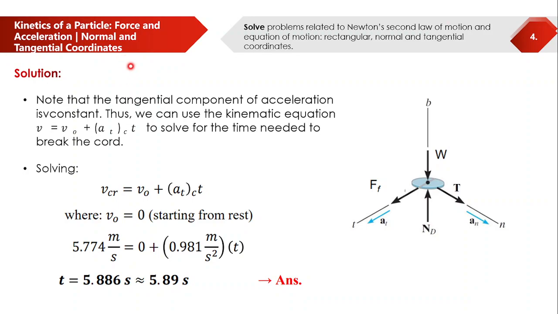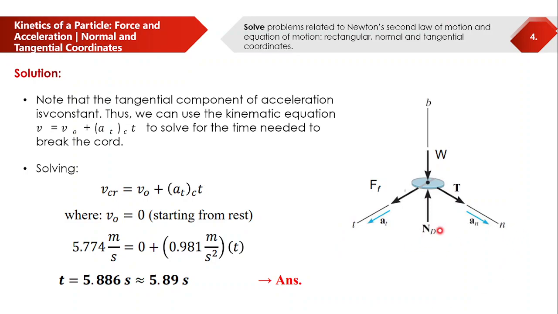So after natin na ma-identify, then draw the free body diagram and the inertial coordinate diagram. And this is what we drew, di ba? And take note also, class, that again, the normal and tangential coordinates have three components. Unlike sa rectangular, xy component lang yung nandun. But in the normal and tangential, tatlo na siya. Okay? Your binormal, your tangential, and the normal.